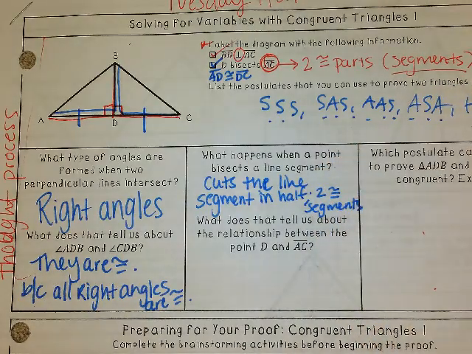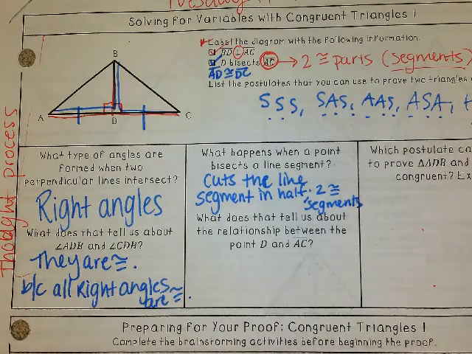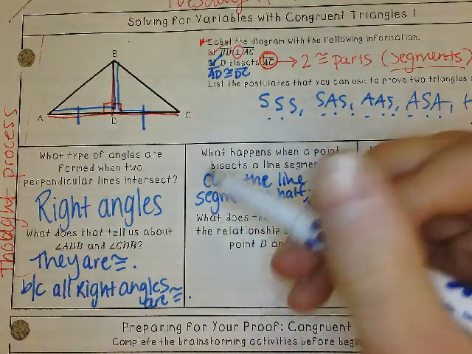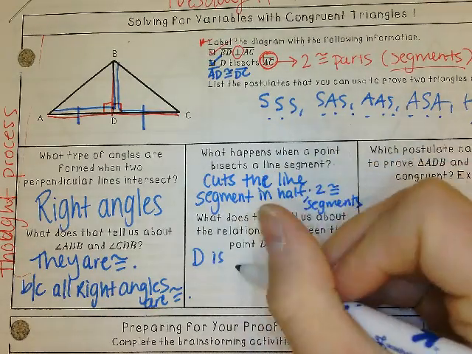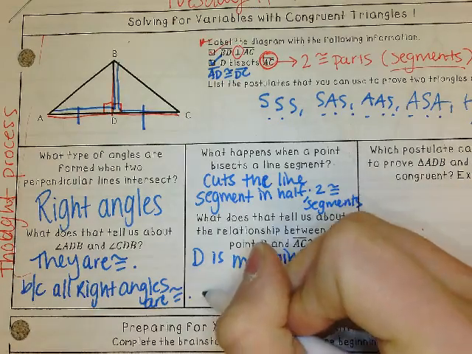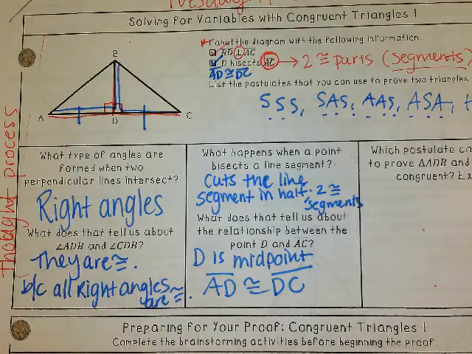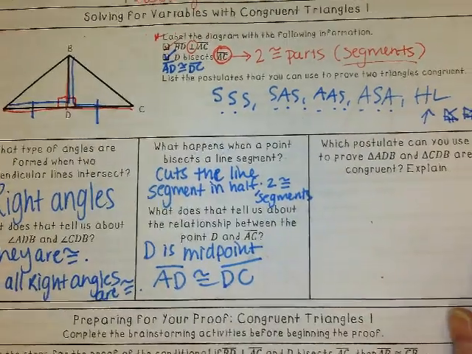So what does that tell us about the relationship between the point D and line segment AC? That D is the midpoint, and then AD is congruent to DC. Okay.